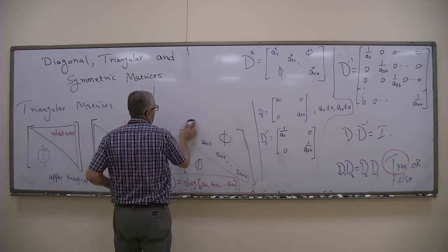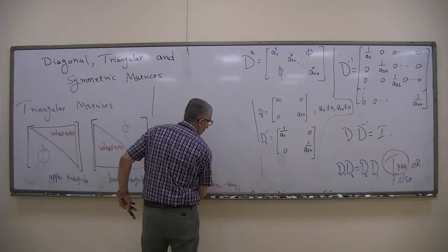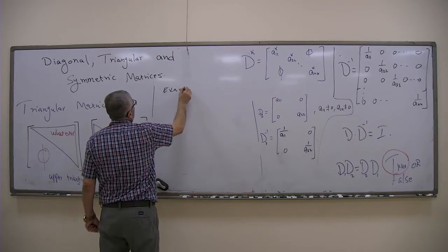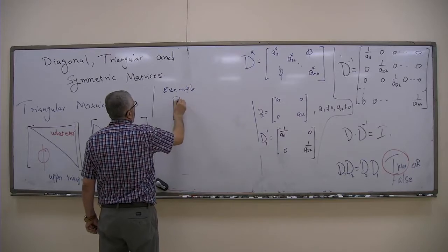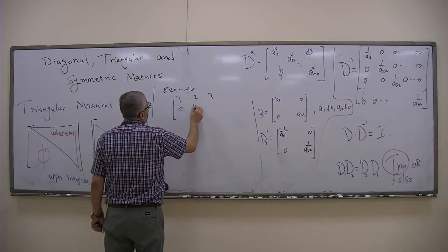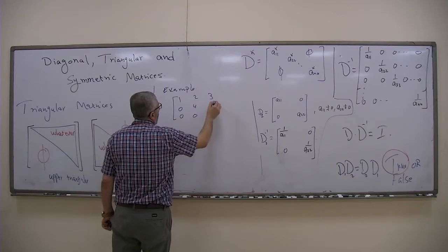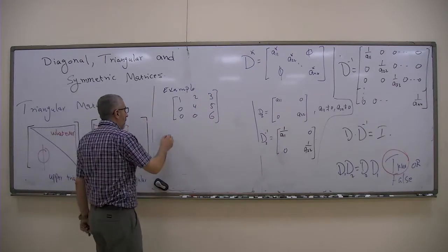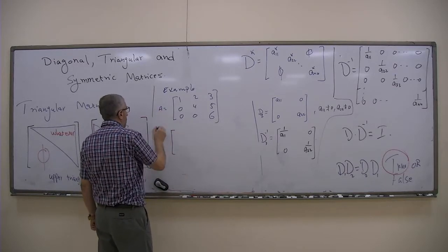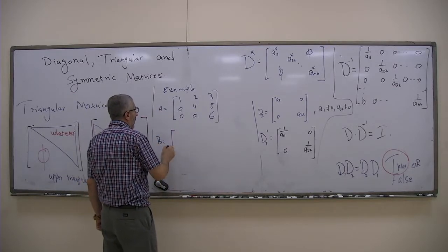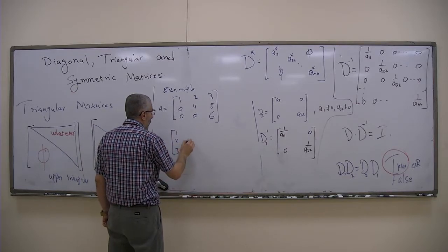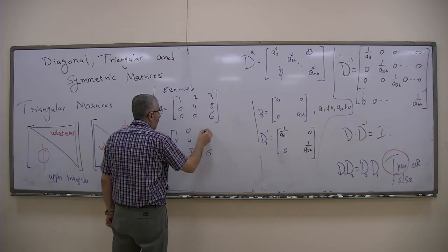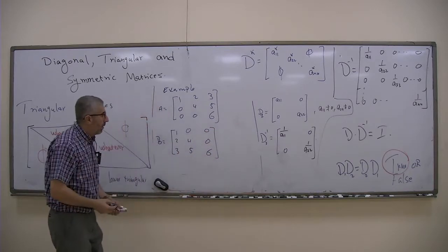Here is another example. This matrix 1, 2, 3, 0, 4, 5, 0, 0, 6 is upper triangular. This matrix, 1, 2, 3, 4, 5, 6, with zeros above the diagonal, is lower triangular.